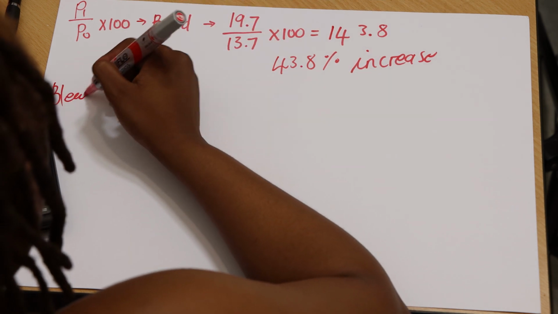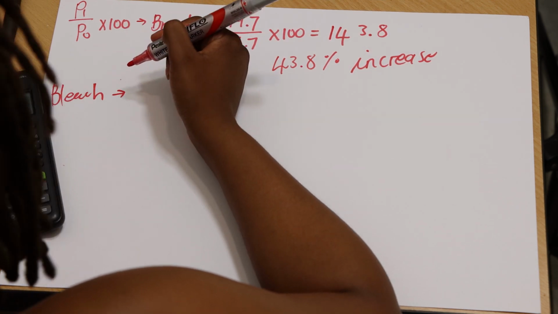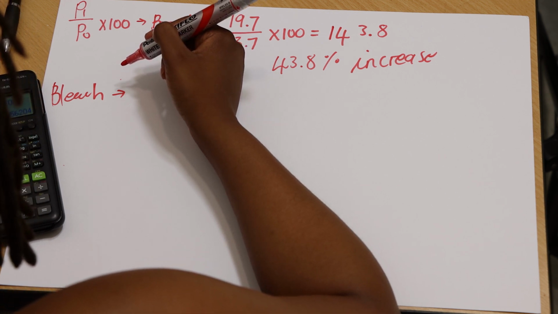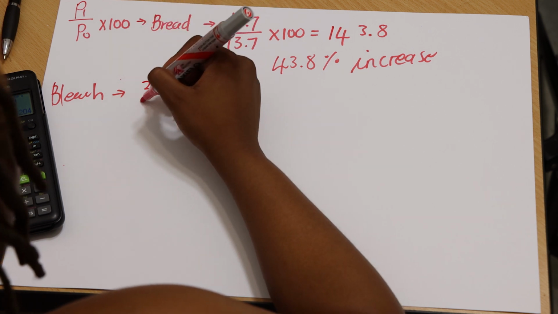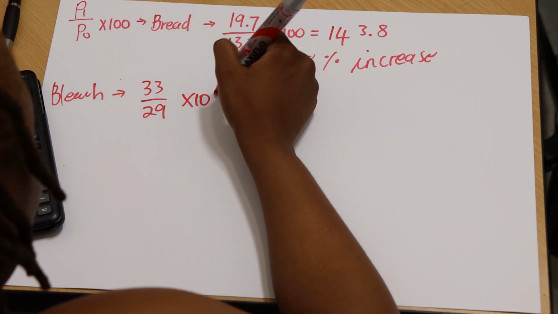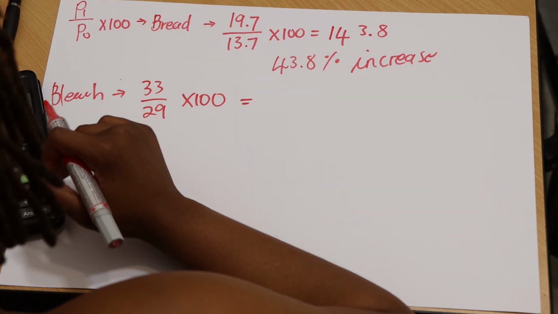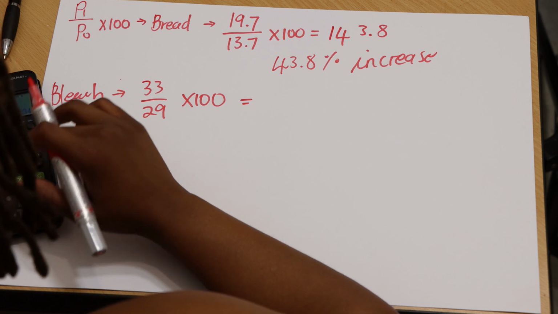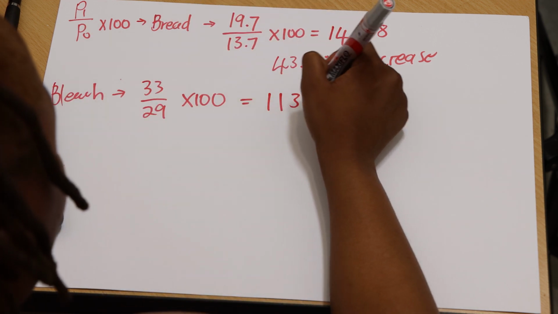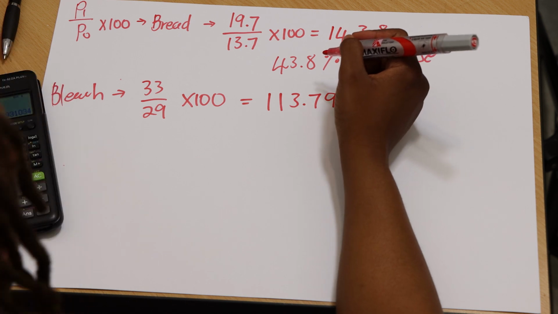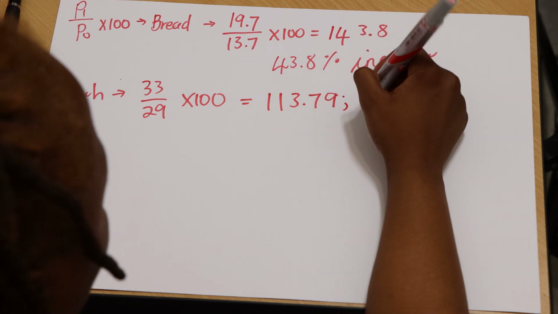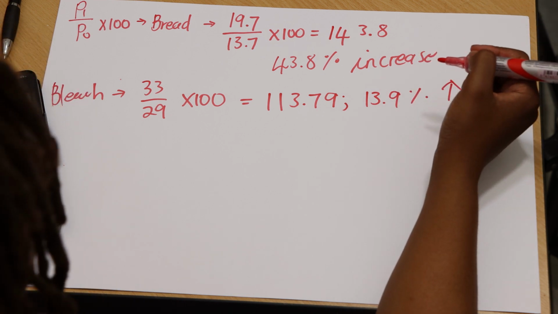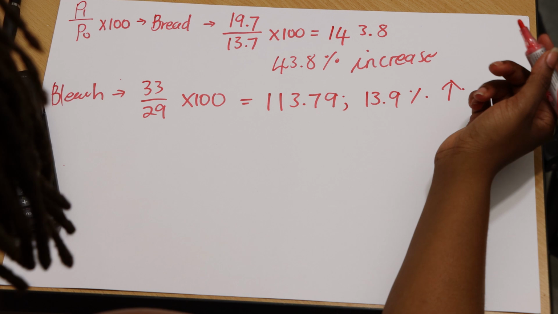And then for bleach, this would be 33 divided by 29 multiplied by 100. And that is 113.79. Again, we know that this means a 13.9% increase in the price of bleach.